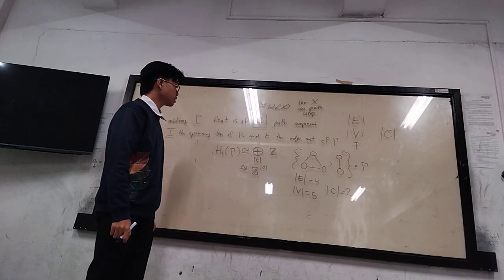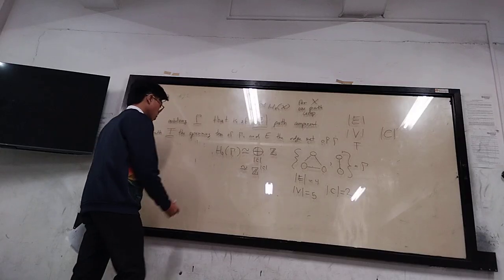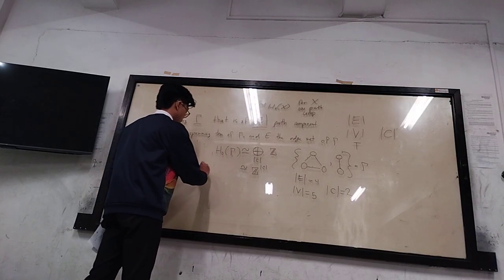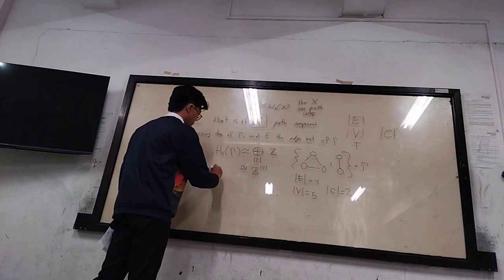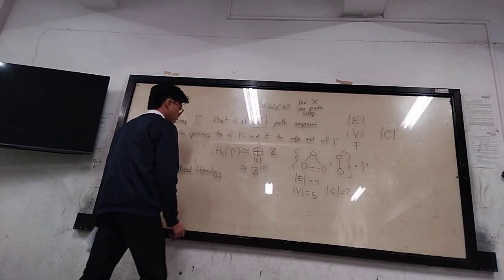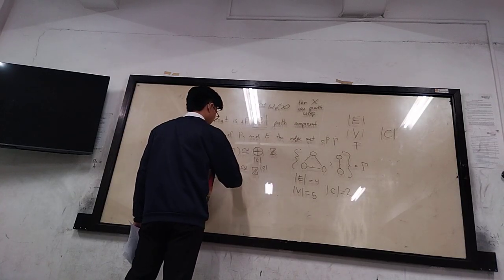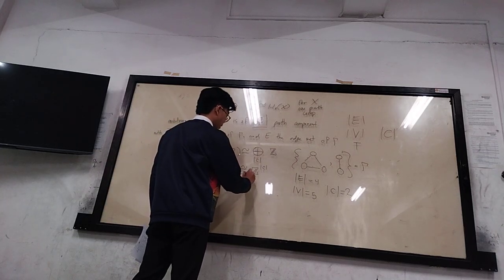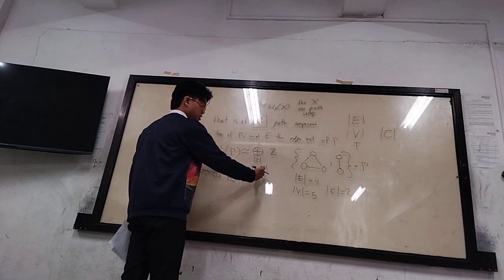Sometimes you would consider the reduced homology for some reasons, and that's denoted by H tilde 0 of my gamma, and that's really just this minus 1.